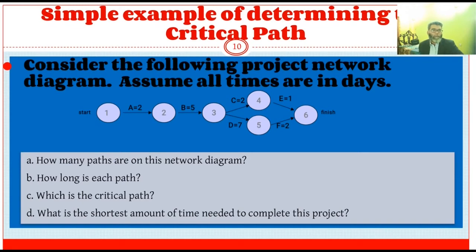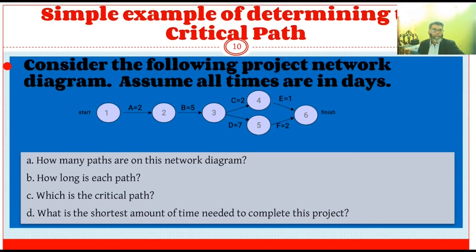Second path: 1, 2, 3, 5 and 6. How long is each path? That means the days we need to sum up. That is 2 plus 5 plus 2 plus 1, that is A, B, C, E. So 2 plus 5, 7, plus 2, 9, plus 1, 10.